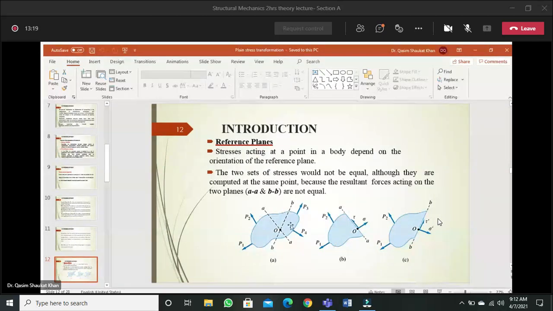So first, these are our reference planes, AA and BB. Stresses acting at a point in a body depend on the orientation of the reference plane.